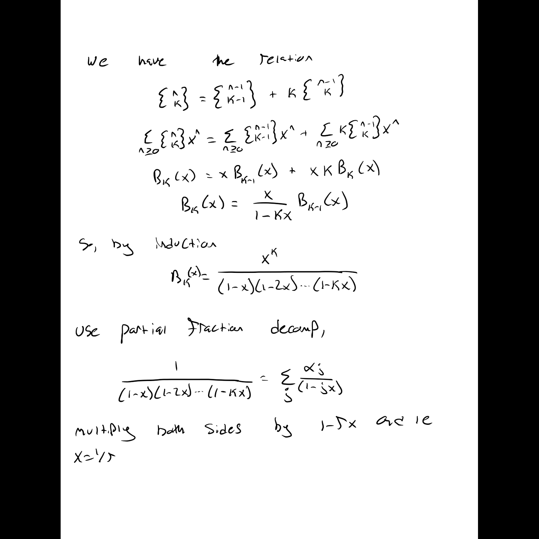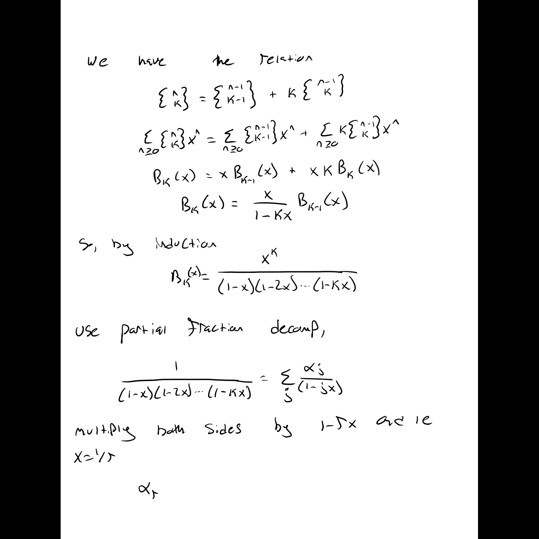So the purpose of this, we're going to clear the denominator on the left-hand side of the term 1 minus rx, and then we're going to input 1 over r for x. And since we cleared the denominator, we don't have to worry about dividing by 0. It'll also clear all of the terms that we don't want.